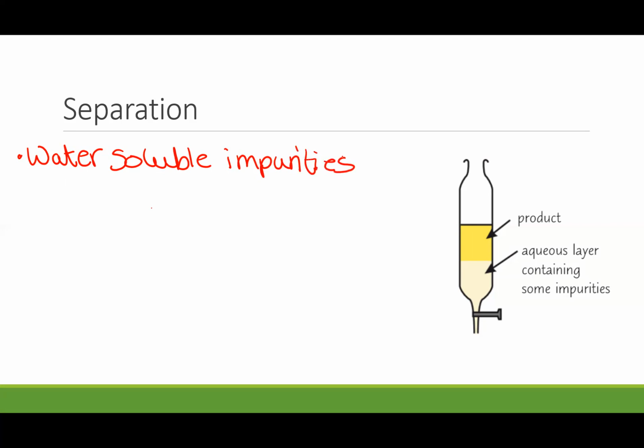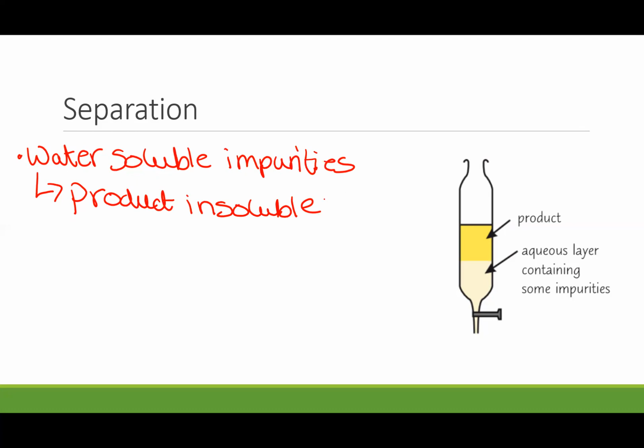So if our impurities are soluble, our product needs to be insoluble. Otherwise, separation in this process will not work. If we have an insoluble product that's insoluble in water, then we can use separation to remove any impurities that do dissolve in water. So that's the idea of separation.